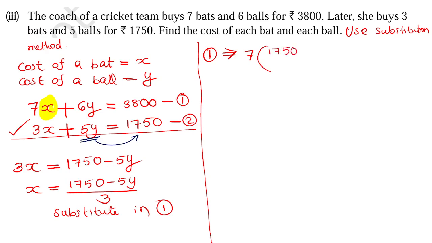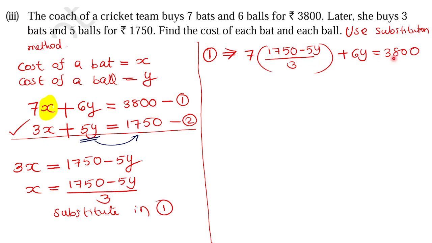When you do the substitution, always use bracket. Now 7X is written, then 6Y is there, equal to 3800. So I got this equation. I want to reduce it. How?